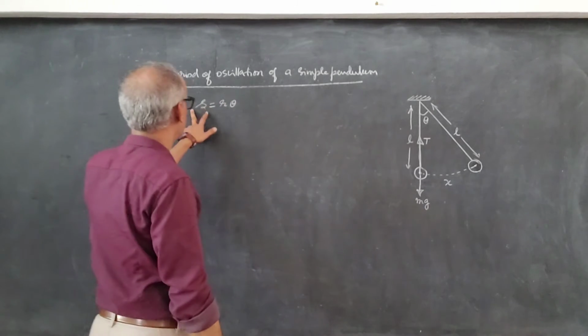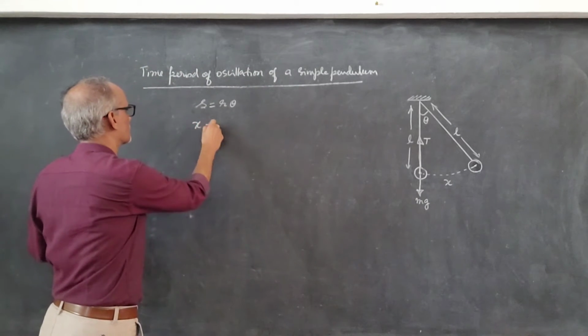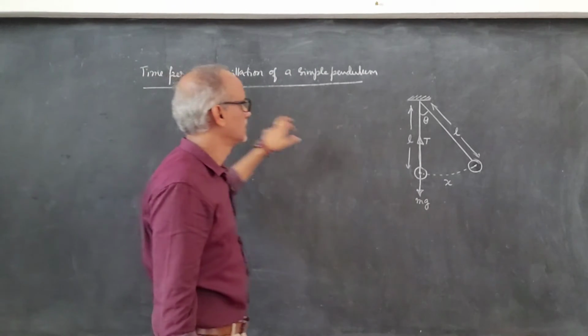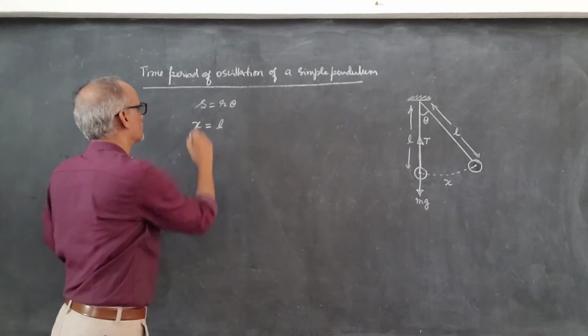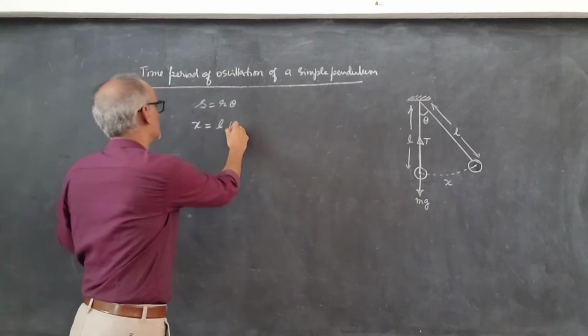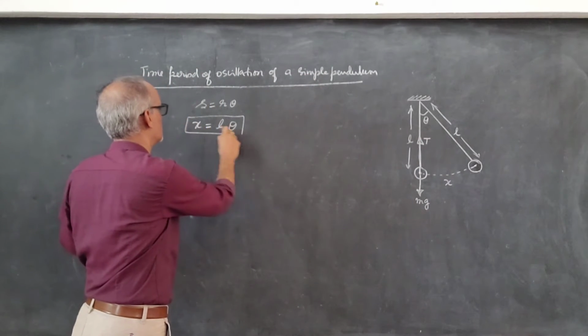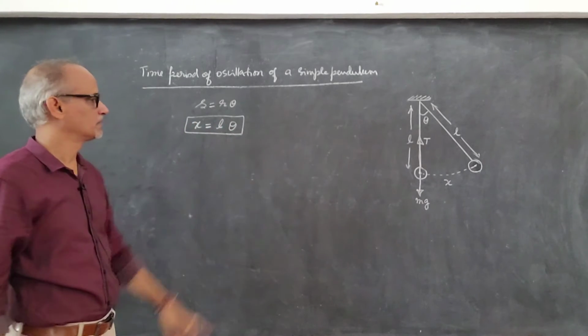Based on that, here S is nothing but x, and r is nothing but L, and theta is the angle subtended. So this is one of the equations: x is equal to L into theta.